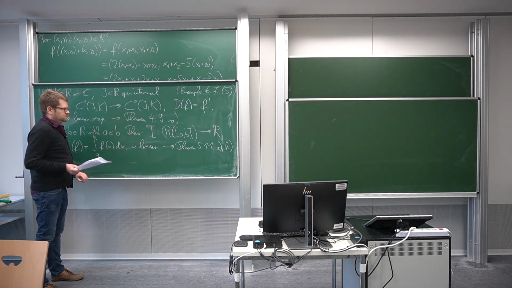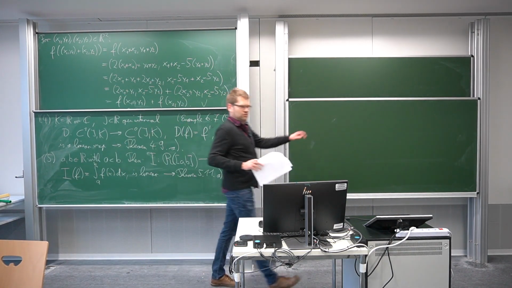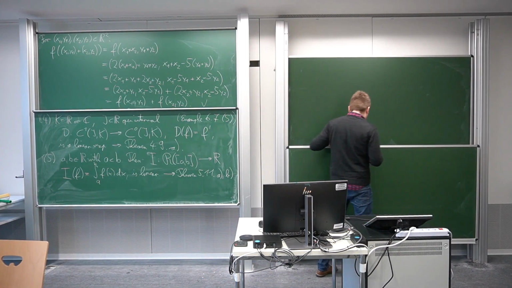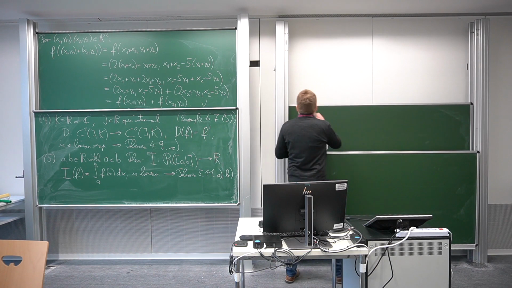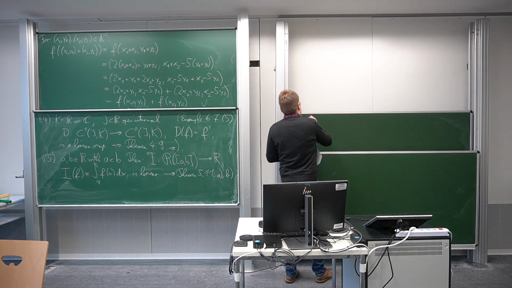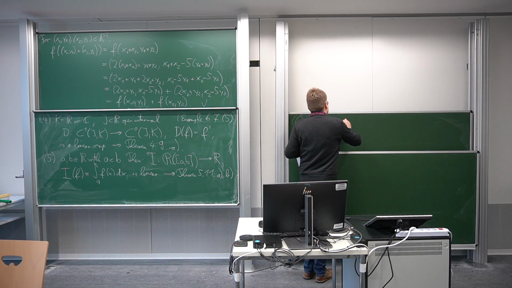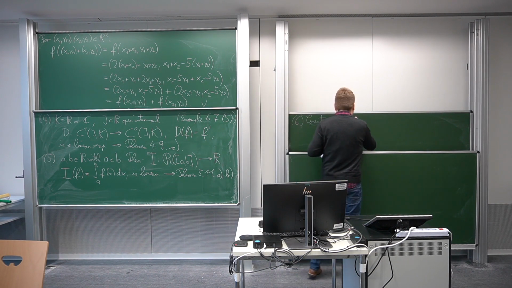Now, just to complete this, let me give you an example of a map which is not linear, although you intuitively might think this at first sight. So a counterexample. I mean, there are many maps which are not linear.